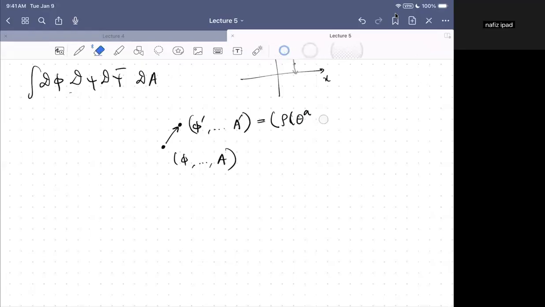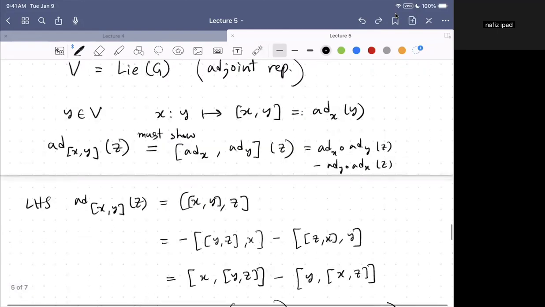And most importantly, these are functions of spacetime. So this is phi prime, and whatever other representations you have. And then you have A prime. And A prime is minus covariant derivative of theta. This notation I have not, I think, written down before, so let's look at it a bit more carefully. I wrote down the formula for transformation of A before.